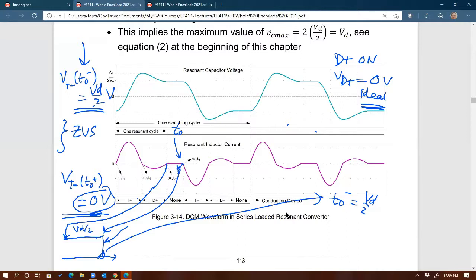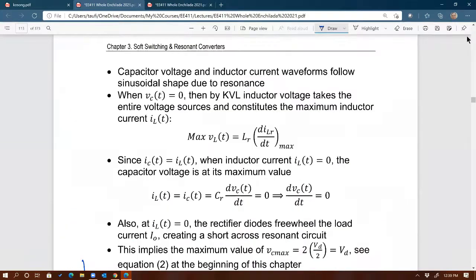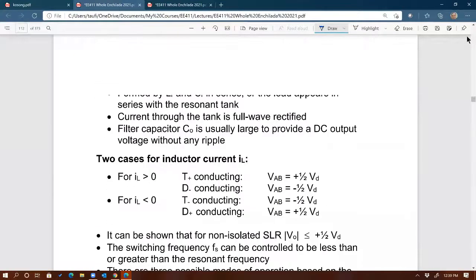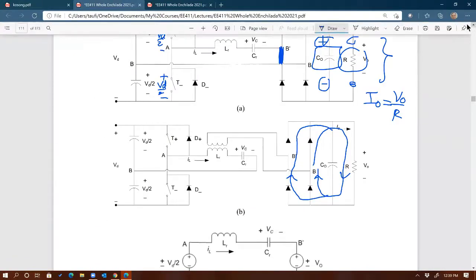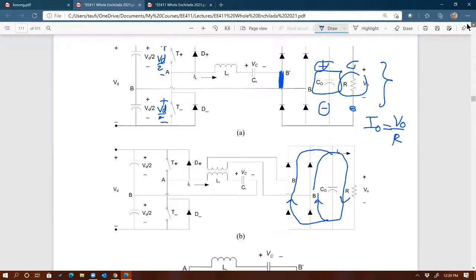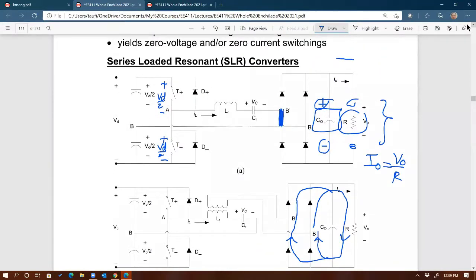When you first start, an inductor acts like an open, right? If you look at T plus, it's in the loop, in series with the inductor, so you know that if it closes, the current can't start up immediately. So on turn on, it's 0 voltage, but oh wait, never mind. Yeah, it's not easier.